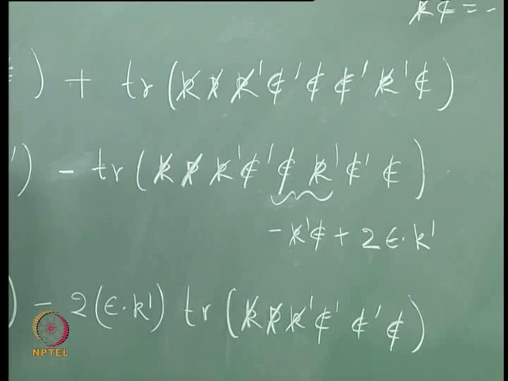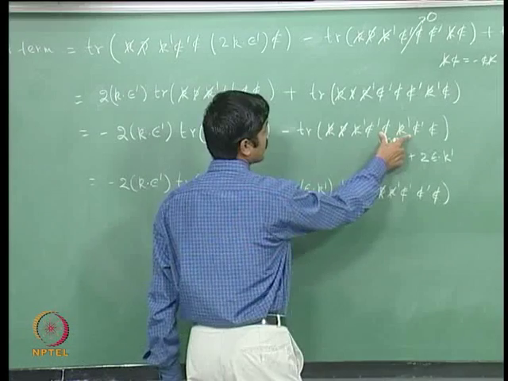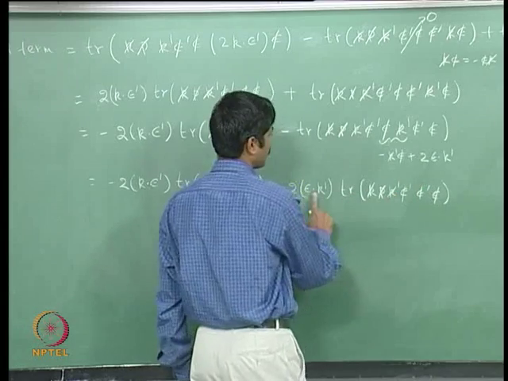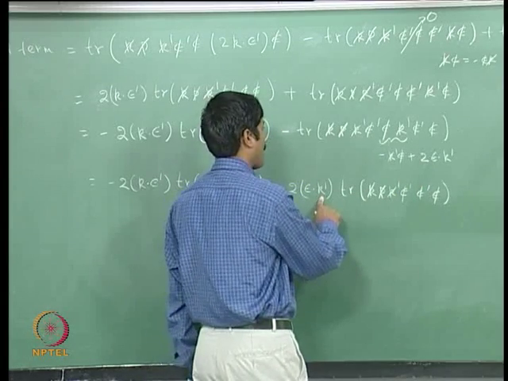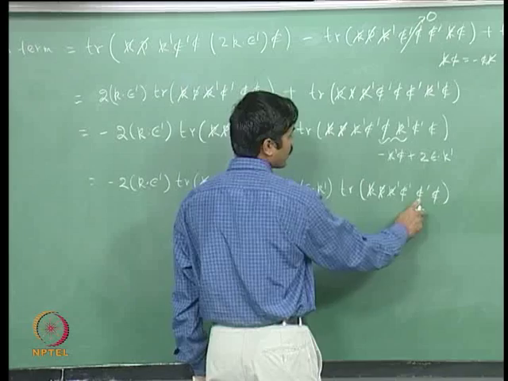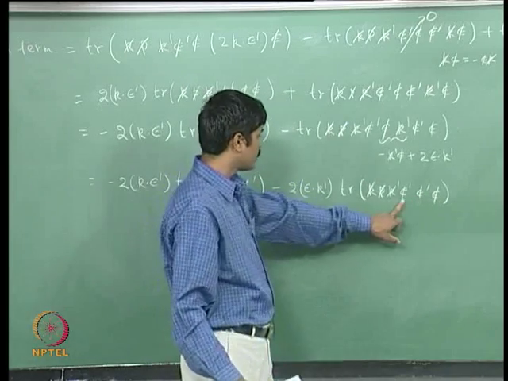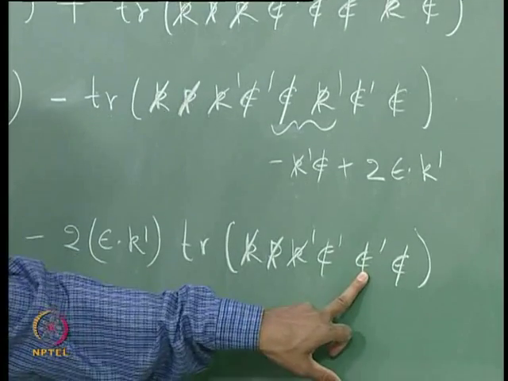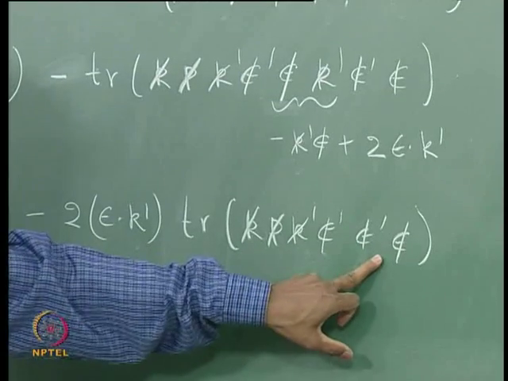All right, because for this I simply substituted twice epsilon dot k prime. Now, you have again epsilon slash epsilon prime slash squared, which will give you 1 minus sign.